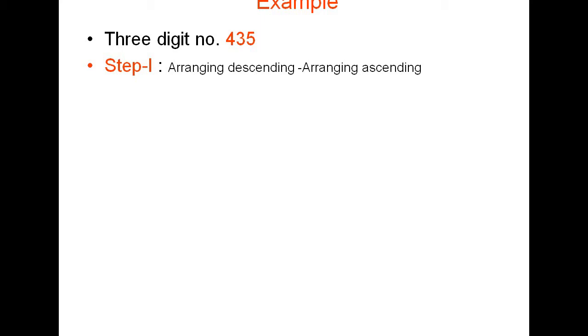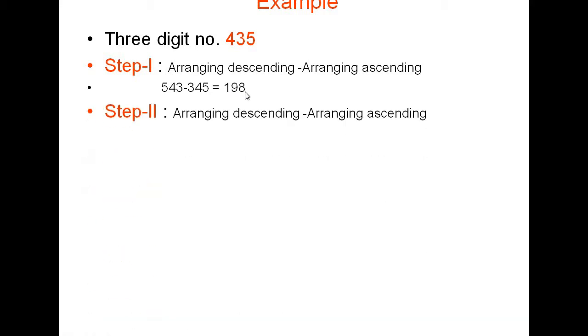Our descending order is 543 and ascending order is 345. If we subtract, we get 198. Now again from this number, descending order is 981 minus ascending order 189. Then we get 792.